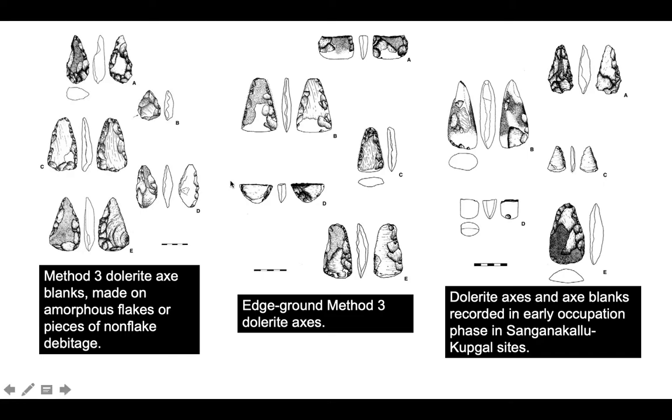This is the third method, where the dolerite blank is made on an amorphous flake or pieces of non-flake debitage. This is showing you the drawings of the different stages of the Neolithic axe, and then the edges were ground.